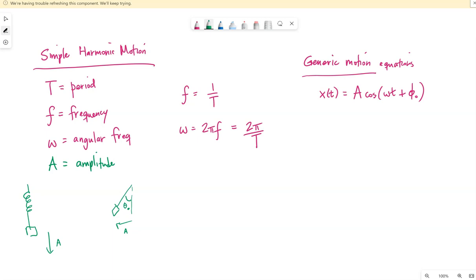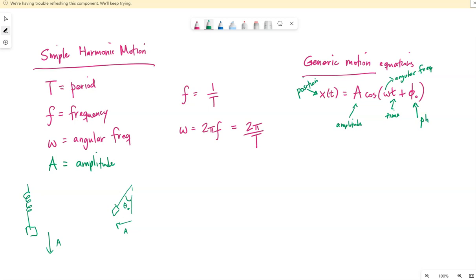So our author chooses to write the equation in terms of a cosine function. So A is our amplitude, omega is our angular frequency in radians per second, t is whatever moment in time we're trying to locate the position or describe the position.